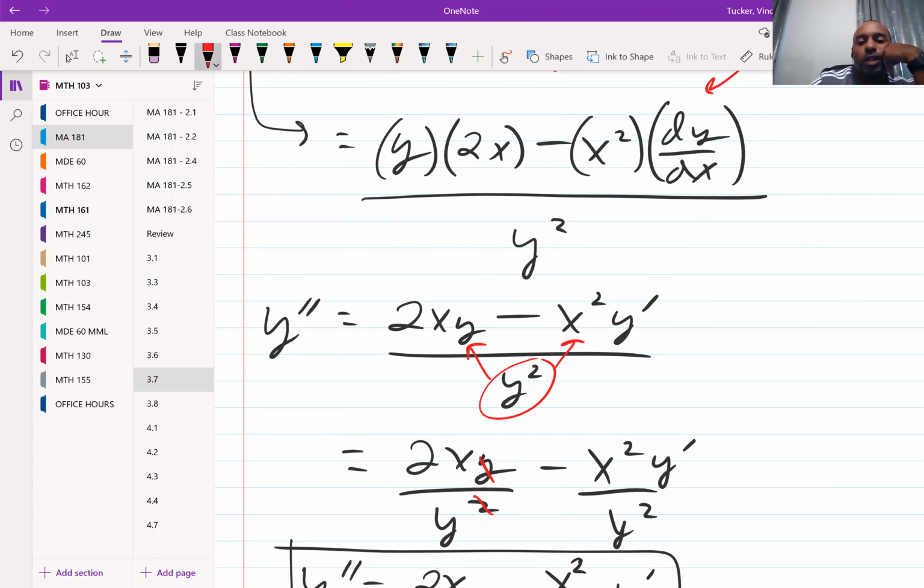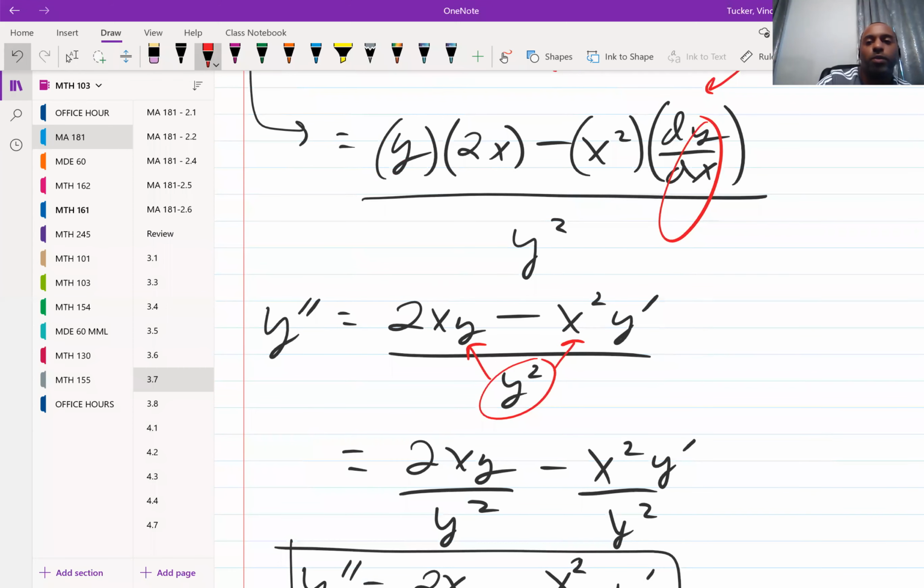So separating this by taking y squared into each term, that'll be 2xy over y squared minus x squared times y prime, over y squared. So don't forget, dy/dx is the same thing as y prime.